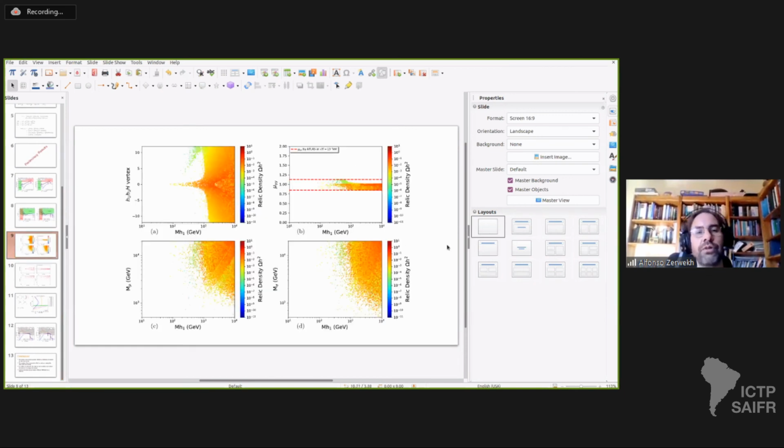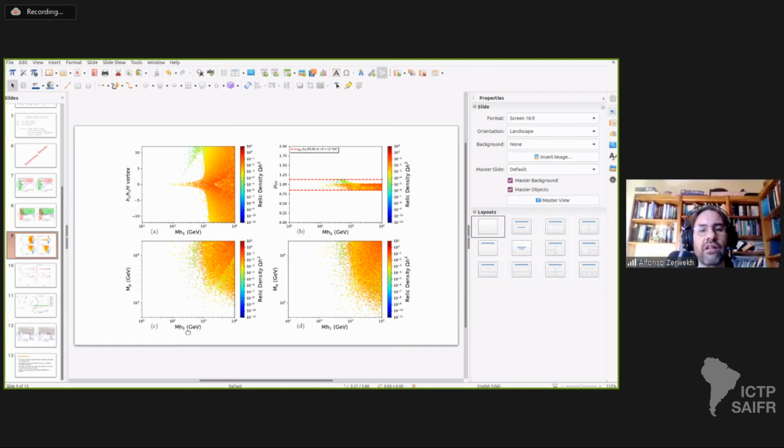Here I show you different projections of the parameter space for different values of the parameters. This one is important.